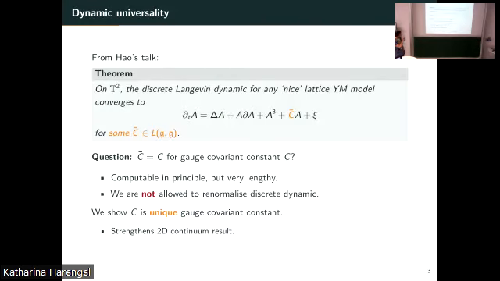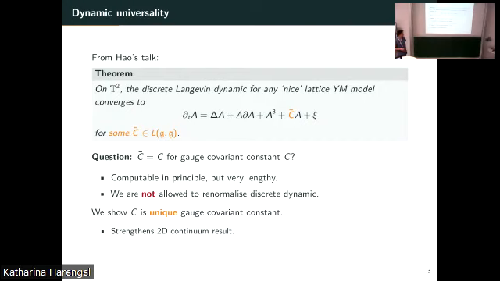Okay, so let me also summarize the result that Hao left off from. Now restricting to 2 dimensions, the result that Hao concluded with was that basically for any nice lattice Yang-Mills model, if you consider its Langevin dynamic, which was this collection of SDEs indexed by edges of the lattice, this converges in the limit, a priori only locally in time, to a continuum PDE of this type.